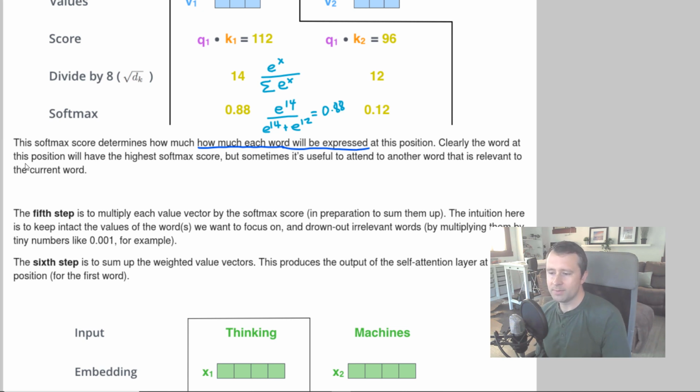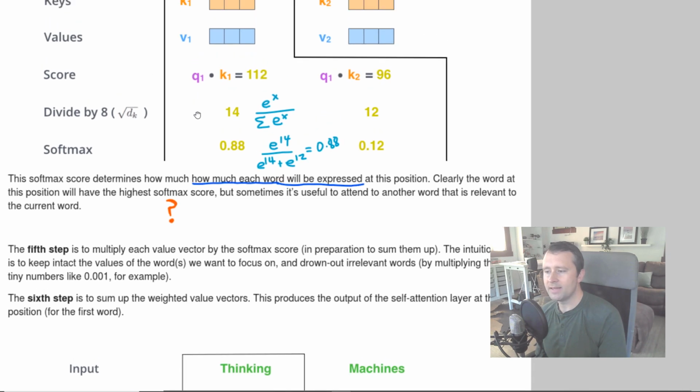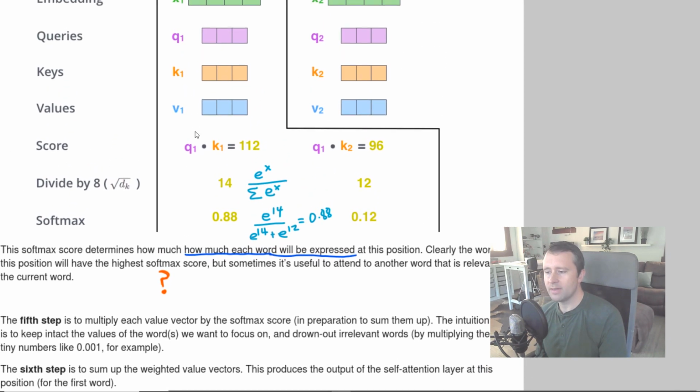Clearly, the word at this position will have the highest softmax score. Now, this is something I've got to figure out. I don't understand why that's the case. I guess in order for this one to have the highest score generally, then what would that mean?